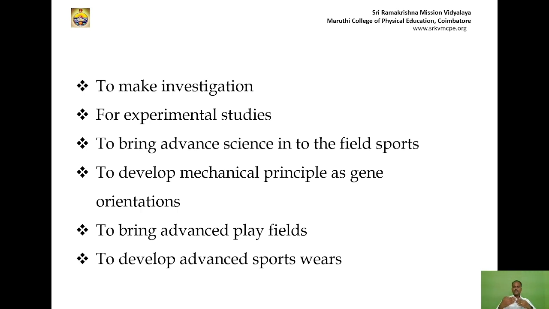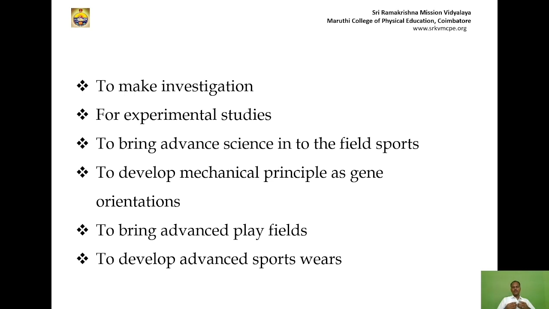So advanced science in the field of sports, and to develop mechanical principles and joint orientation. What is the movement of the joint? Everything we can develop with the help of sports biomechanics to bring advanced play fields. For example, now we are using different types of astroturf and synthetic fields and a lot of different surfaces with the help of the research of sports biomechanics.